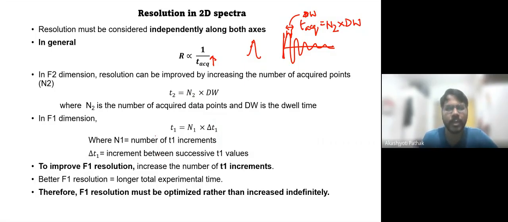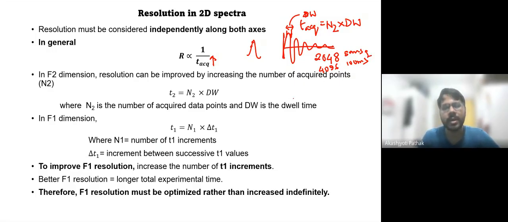But the problem with the F1 dimension is that if you increase the number of T1 increments, then your experiment time increases significantly. For example, if you want to increase the resolution in the F2 dimension, you are collecting 2048 points, now you collect 4096 points. So from 50 millisecond, it can go to 100 millisecond. But that is not much of a difference, right?